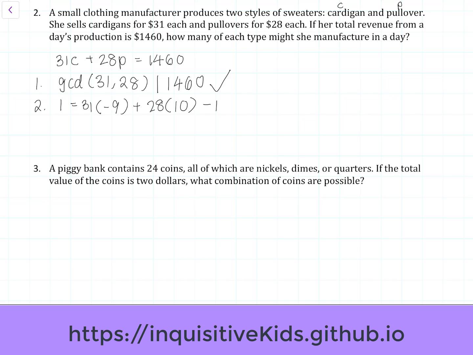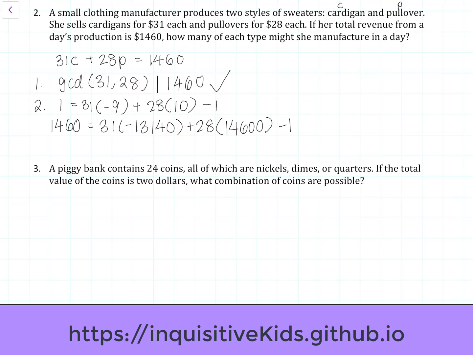Then we multiply 1,460 on both sides of this equation. So now we have 1,460 is equal to 31 times negative 13,140 plus 28 times 14,600.